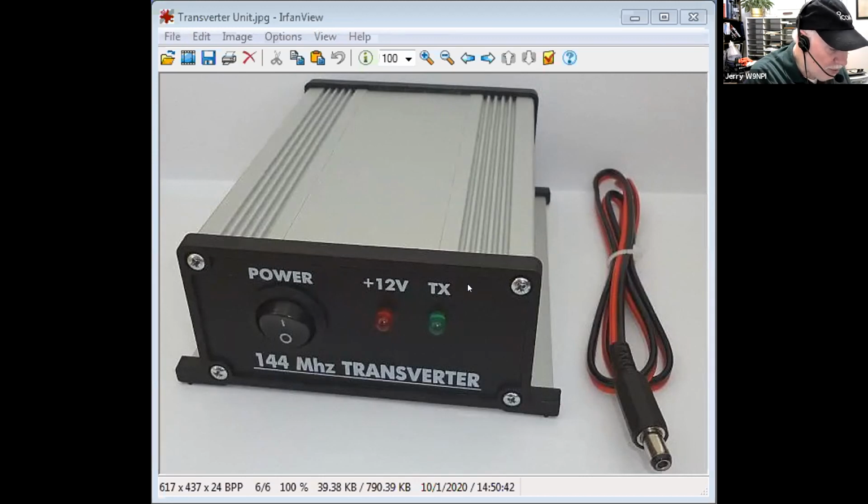Yeah, 420 megahertz. Yeah, 420 to, I think it's 450. Okay. All right, so that's mixing.